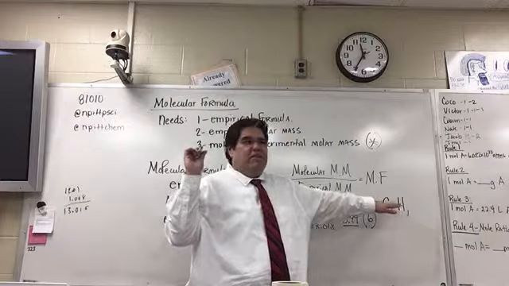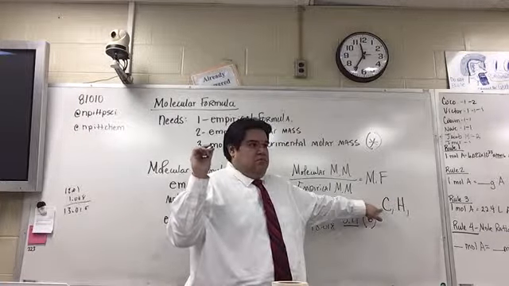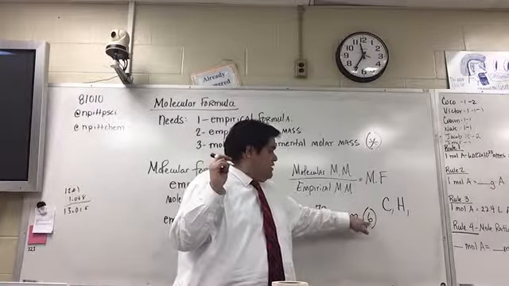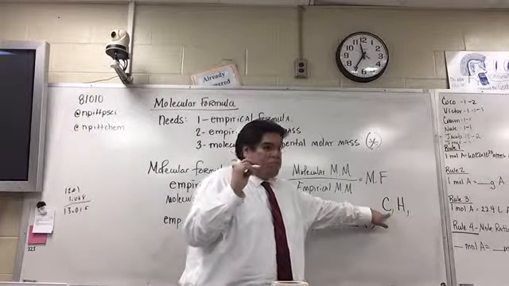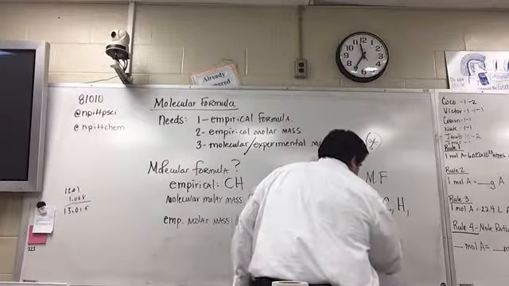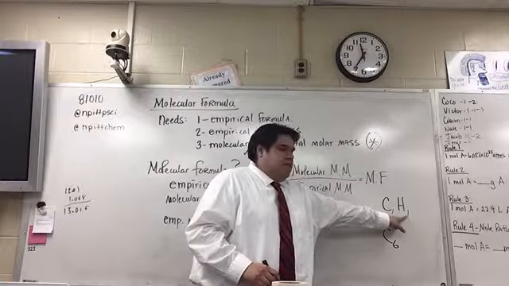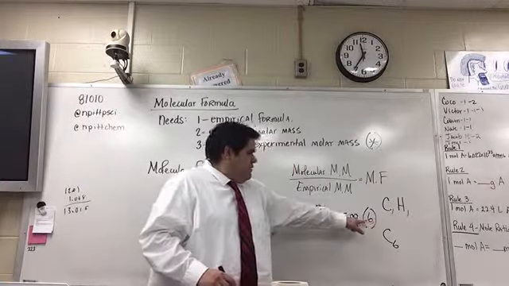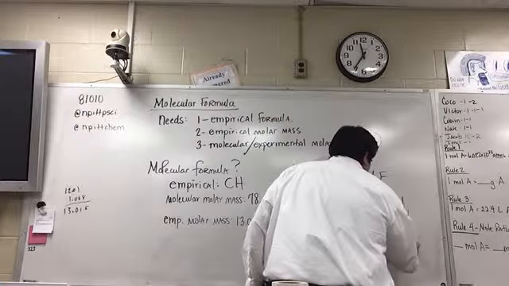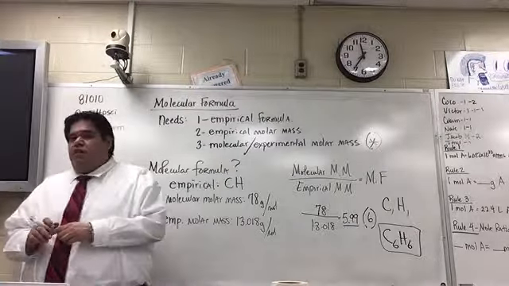I know some of you can't see because I'm in eclipse. But it's right there, C1H1. There's my multiplying factor. So now I'm going to take that number and multiply it by that factor. So when I do, I get C6. And then I'm going to take that subscript and multiply it by that factor, and I get H6. And that is my molecular formula.